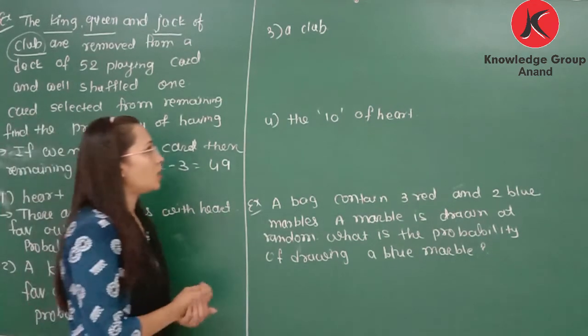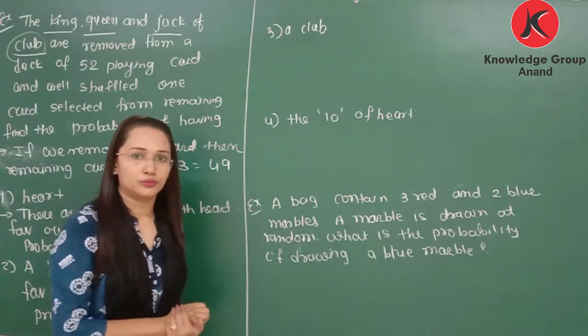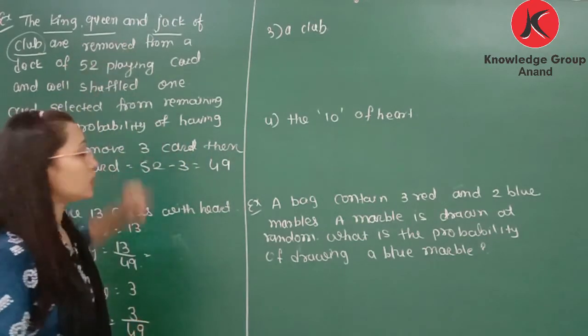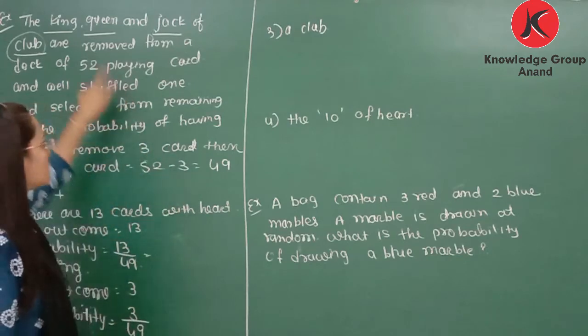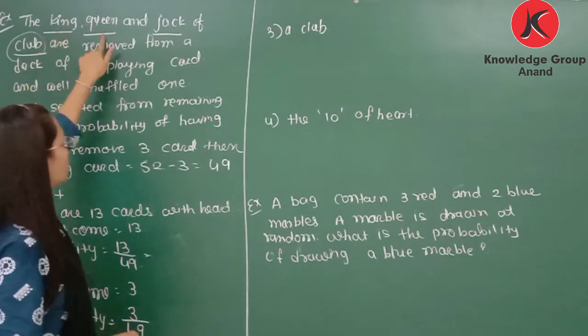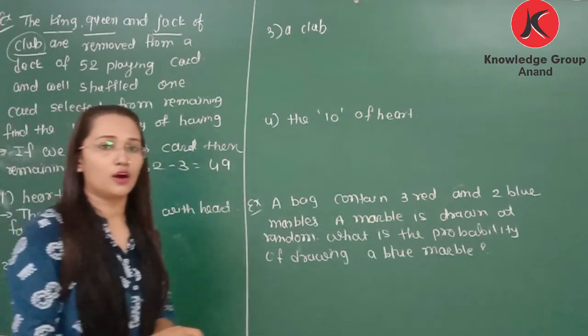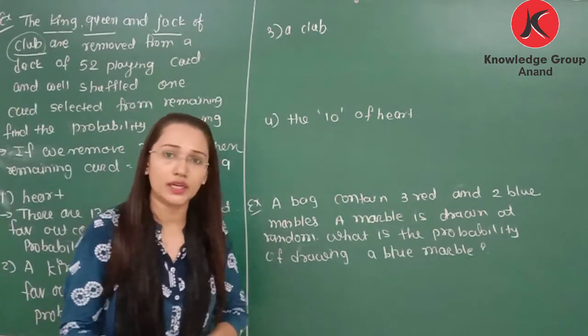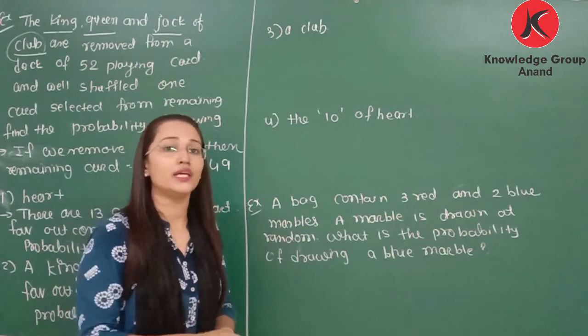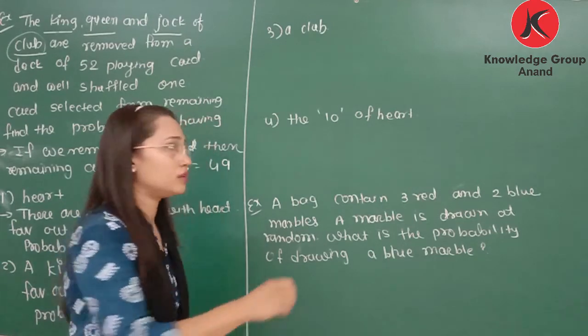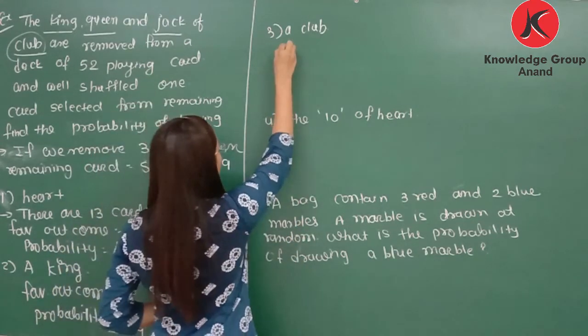Now next one, a card with the club. If we remove 3 cards of club, because in the statement it is written that king, queen and jack of the club are removed. So total how many cards are of club? There are 13 cards, but from that 3 cards are removed. So remaining cards with the club are 10.